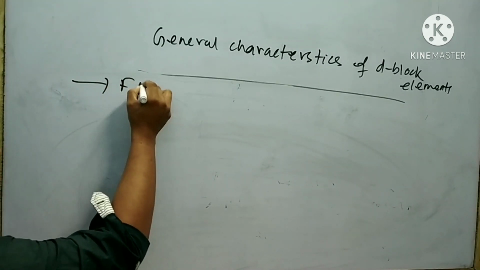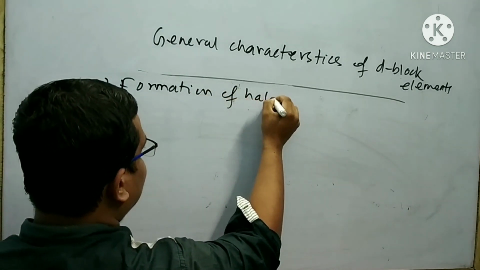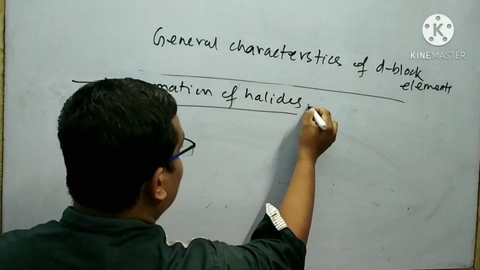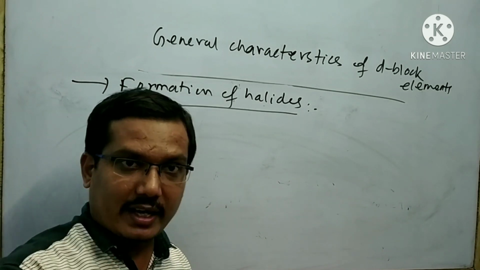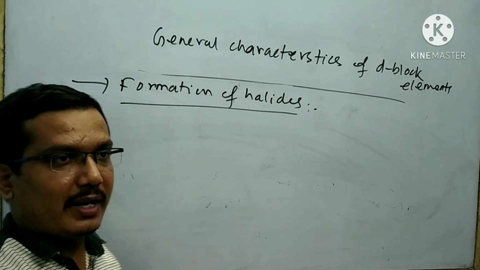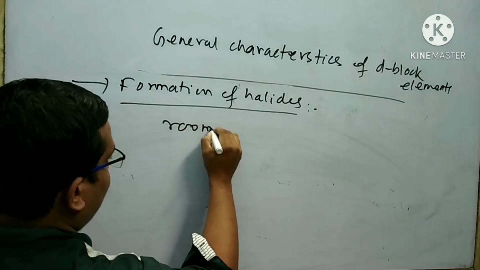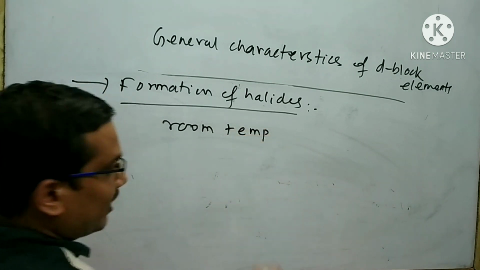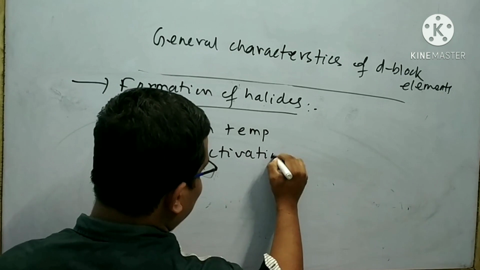Next is the formation of halides. When transition elements are heated with halogens, they can form halides. Generally, transition elements do not form halides at room temperature because of their high activation energy.